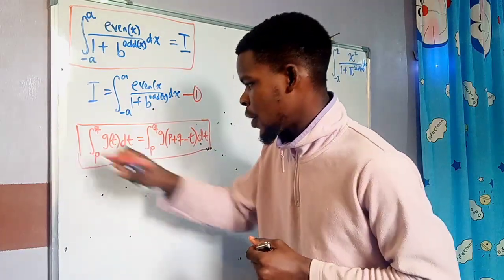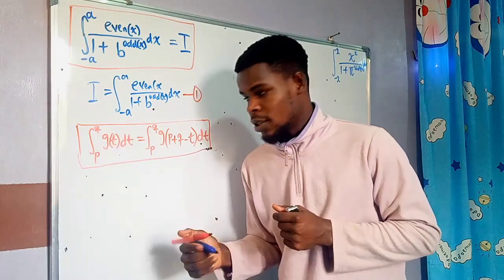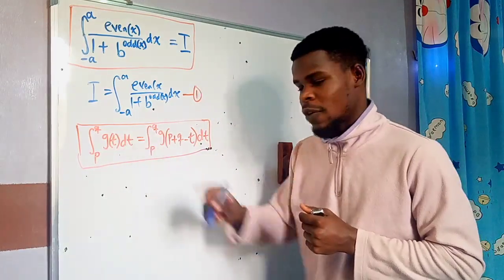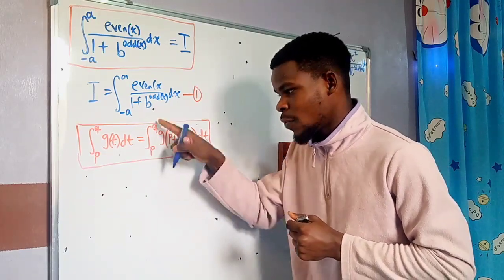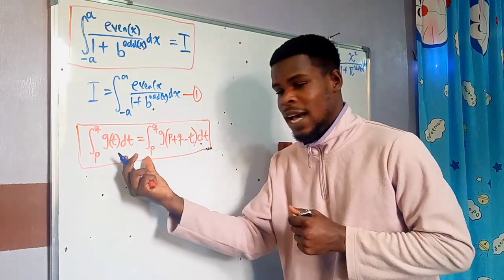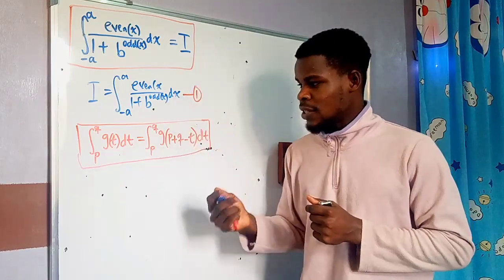This is from one of the properties of definite integrals, that if we have the integral from a certain number to a certain number of a function, let's say a function of t in this case, over the t variable, this is the same thing as, on this input, we can add the bounds of integration together, and then subtract t. This and that are, in fact, going to be the exact same thing. So we are going to apply that right here.